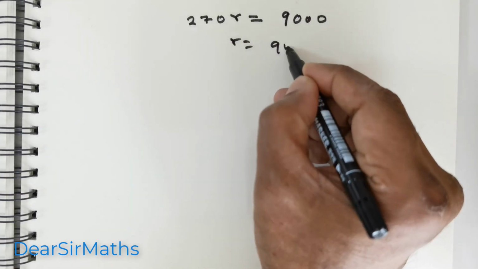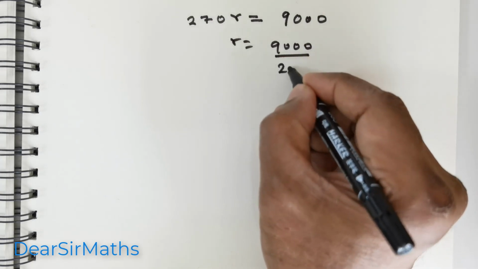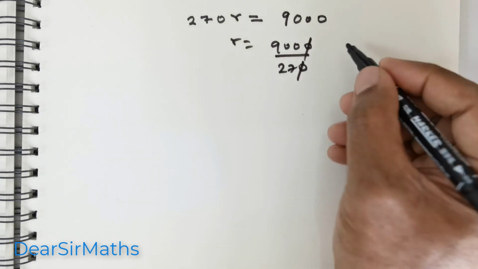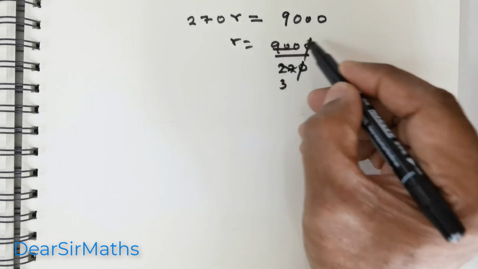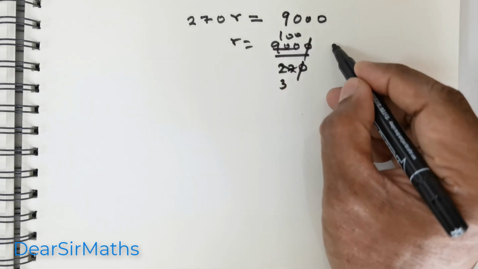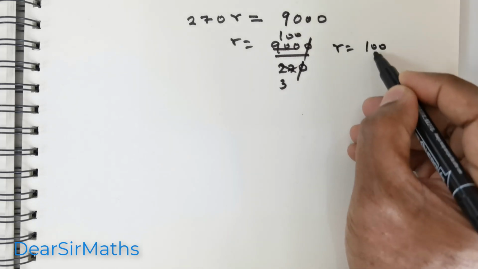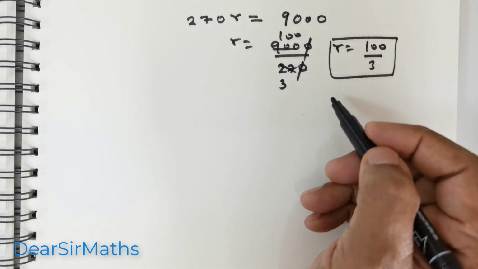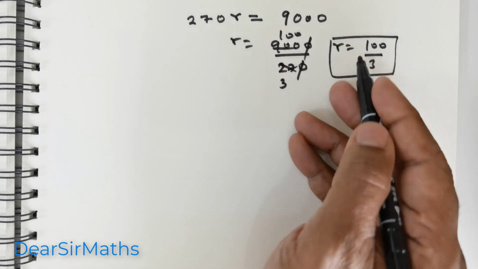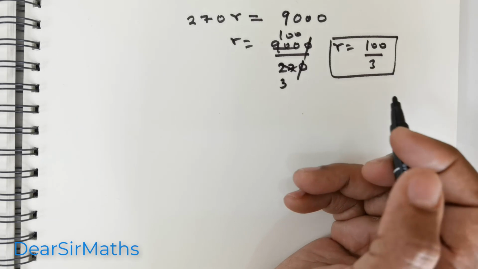So r will be 9000 divided by 270. You cancel this. So 9 divides here 100 times. So r is equal to 100 divided by 3. I know this is going to be a fraction, so let me leave it as it is. This is the radius, right?